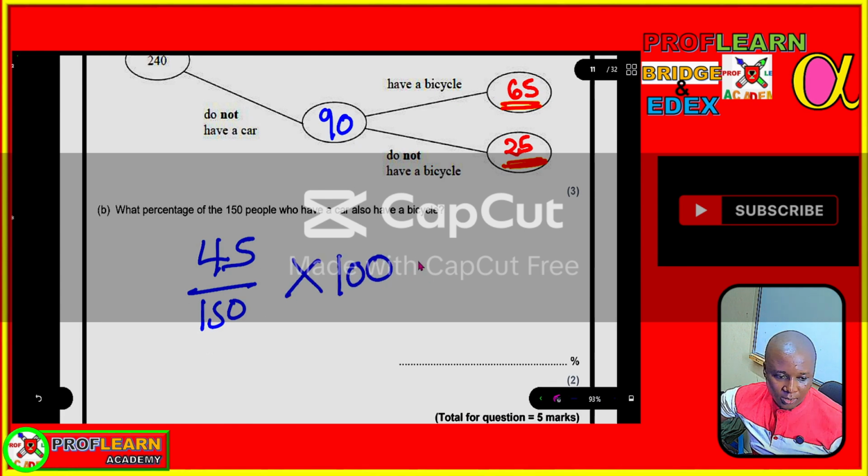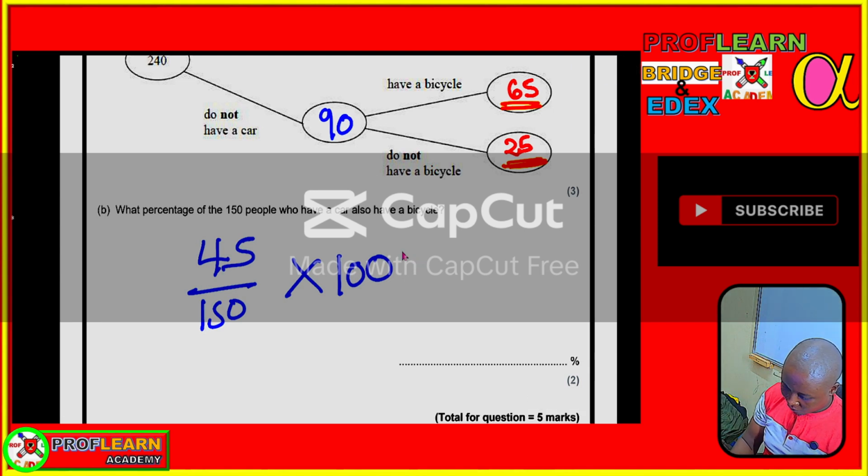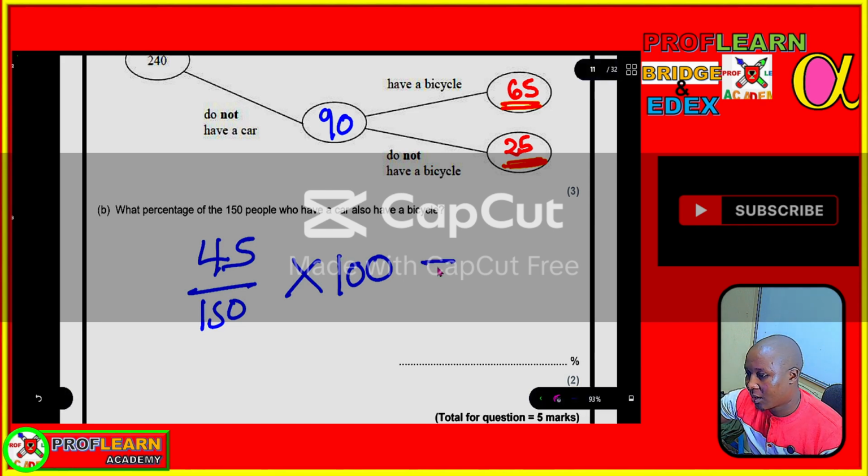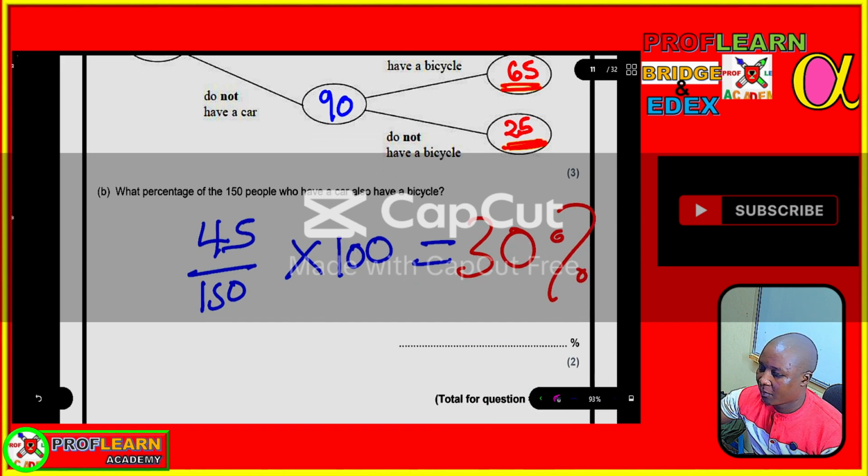If we work it out, that is going to be 30% of the people.